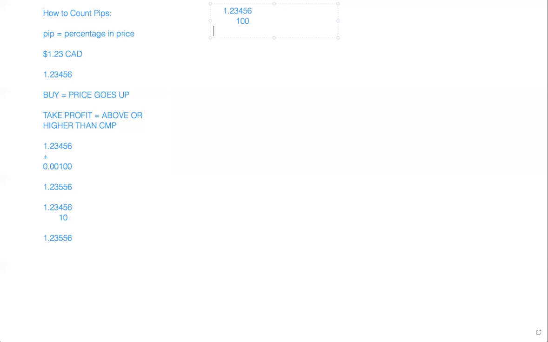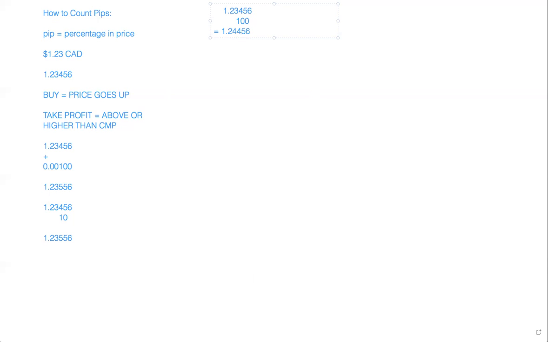You can either just bring the 6 down in your final calculation, or you can just ignore the 6 completely. So you could go 1.2, and now this time, because we're adding 100 pips, we're now adding 1 to the 3, which makes it 4, 4, 5. And you could either just leave this blank where the 6 would be, or you can just drop the 6 down with you. Okay, so that would be how you would add 100 pips.